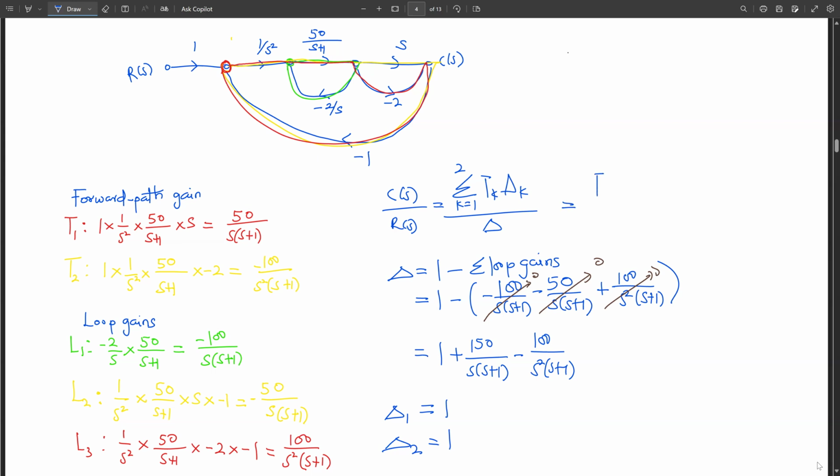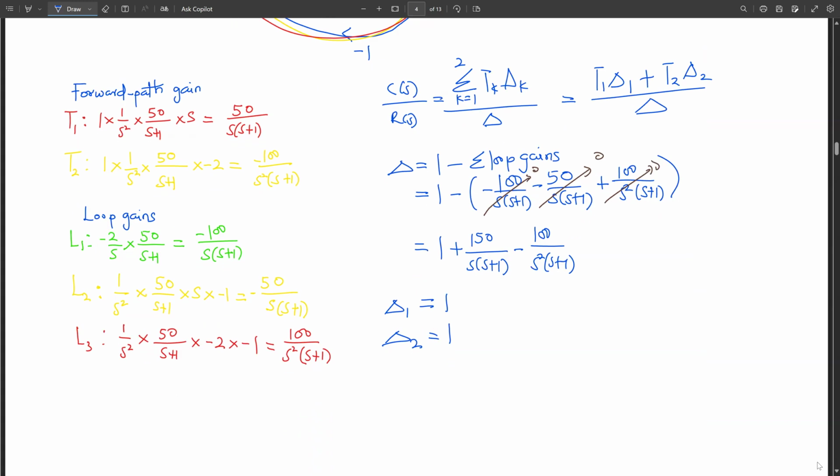Then afterwards, we can boldly use the formula: T sub 1 delta 1 plus T sub 2 delta 2 all over delta. So I'm continuing here.